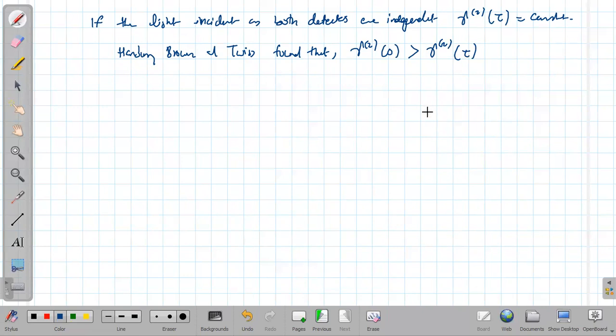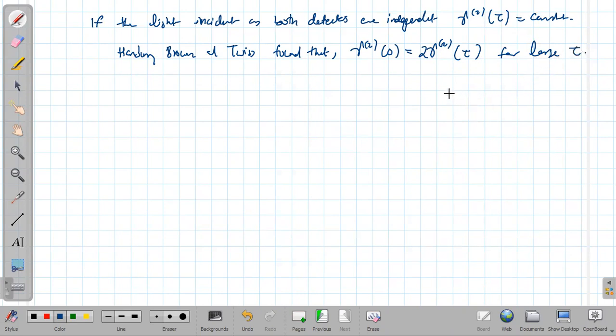So for longer time delay the coincidence rate is lesser, and for zero time delay it is more. It is basically twice. I think instead of greater, we can write it is twice for large tau.